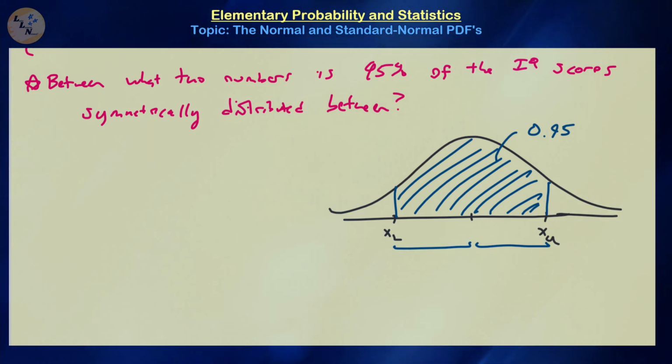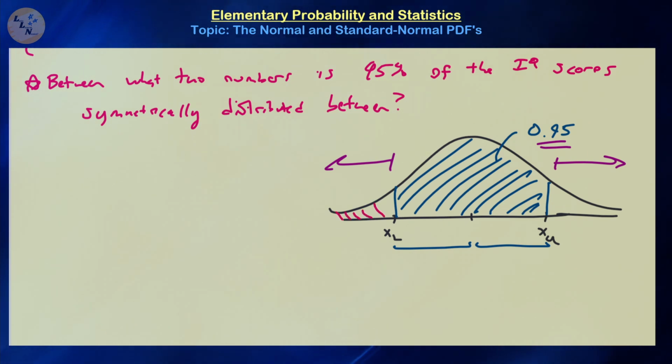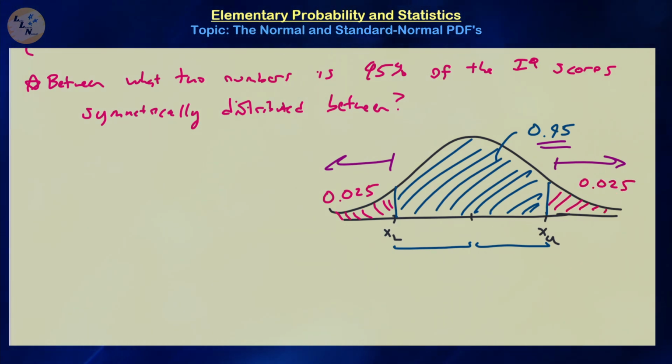So what are some of the things that we should know? If 95% of the data is hanging out in the interior, that means 5% of the data is lying on the left and the right tail of the distribution, equally distributed, right? So that means 2.5% of the data is hanging out over here, and 2.5% of the data is hanging out over here, right?